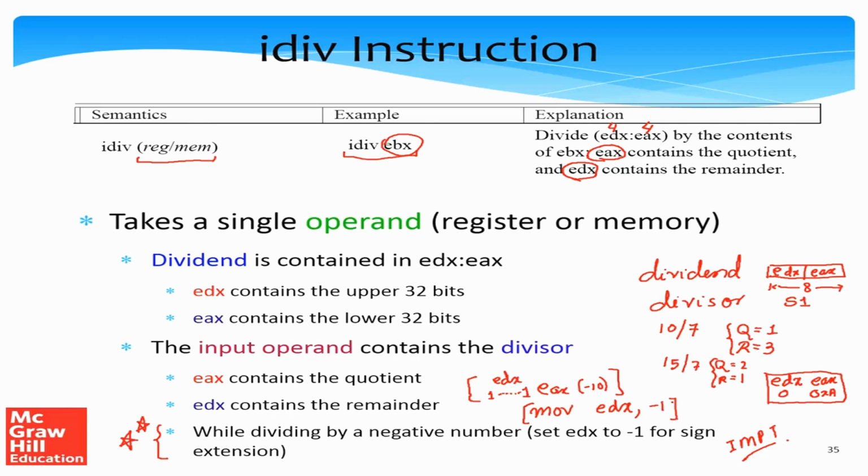So if EAX is positive, what we do is that we set EDX to 0, and if EAX is negative, what we do is that we set EDX to all ones, extend the sign of EAX pretty much, and the way that this can be done is we move minus 1 into EDX. So this is very, very important. It's a big source of bugs, so I request all readers, listeners to keep this in mind.